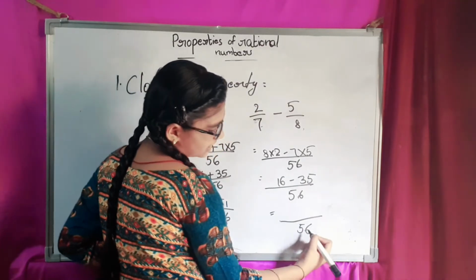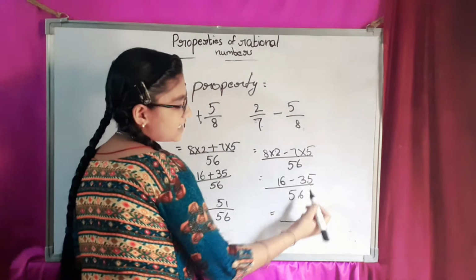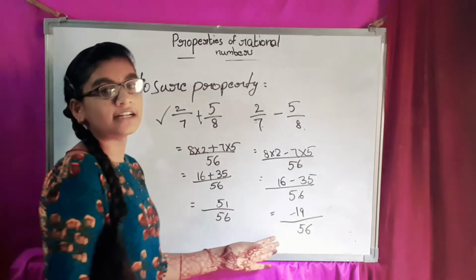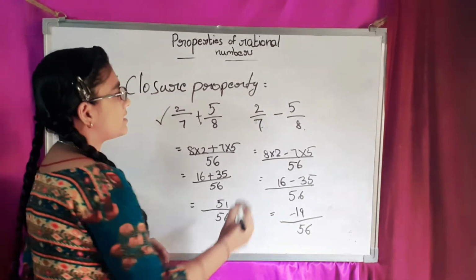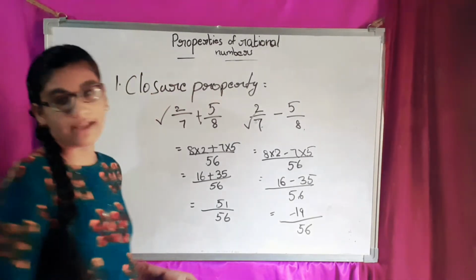Do the subtraction: it is minus 19 by 56. It is also a rational number, so the closure property in subtraction is also satisfied.